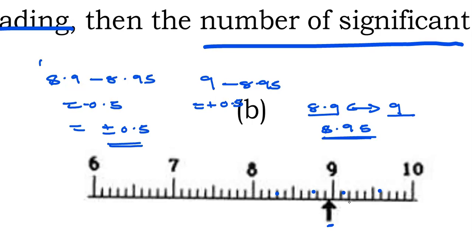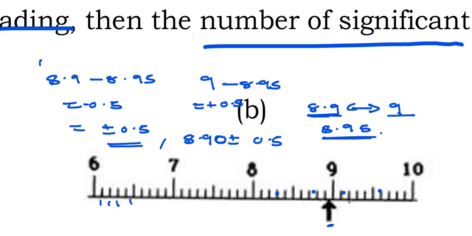So this is the uncertainty, and our value is going to be 8.90. Since we are using the division of 0.1, we're not going to write 8.95, we're going to have 8.90. So our answer is going to be 8.90 plus or minus 0.05. Why 8.90 instead of 8.9?